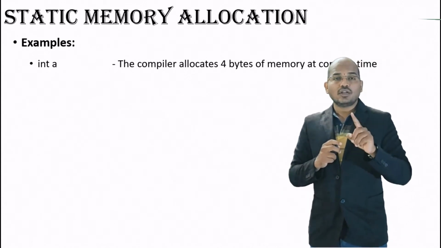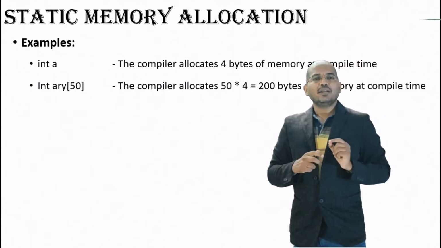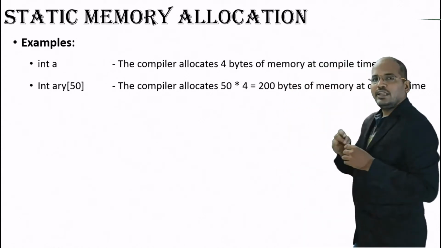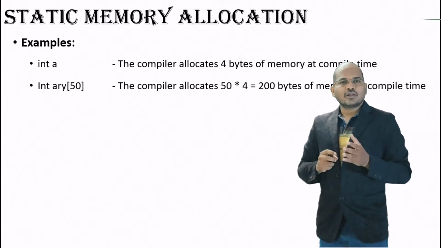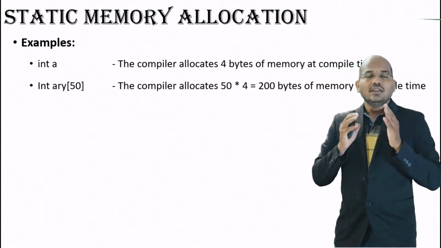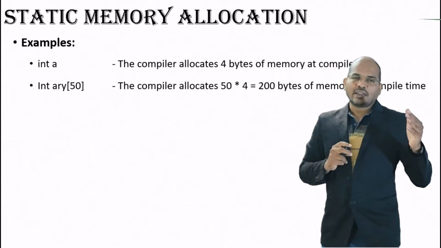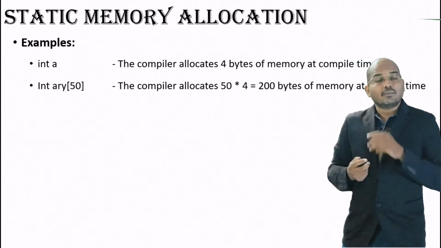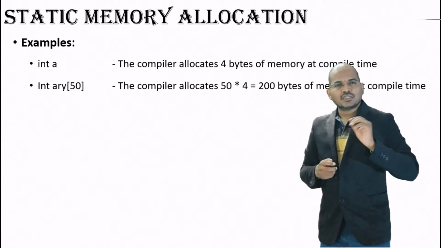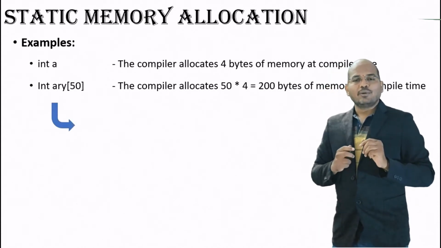So this is called static allocation. Let me give another example: int array of 50. It means that the compiler needs to allocate 50 times 4, that is 200 bytes of memory in stack segment at compile time. So before the program is executed, the compiler knows that it needs to work with 200 bytes of data. So this is called static memory allocation.